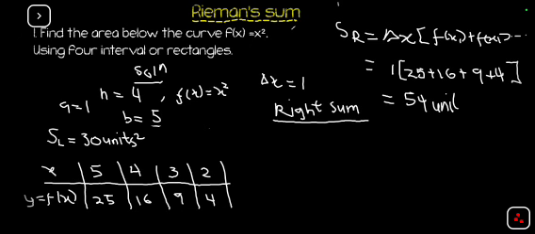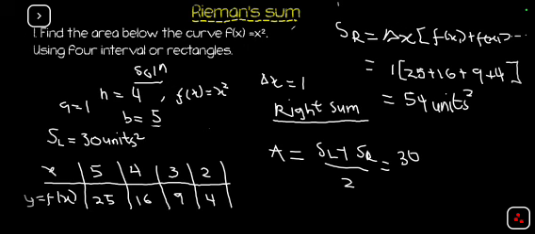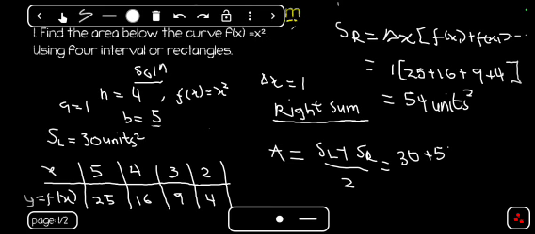So let's do the average approximation of the actual value. The average will be equal to SL plus SR divided by 2, which is 30 plus 54 and then divided by 2.